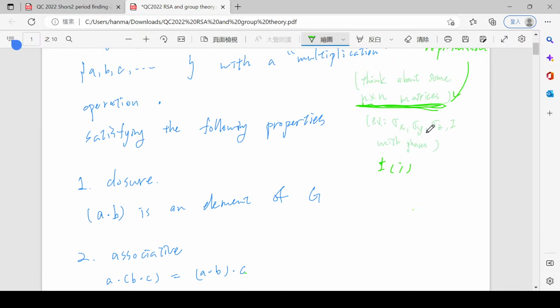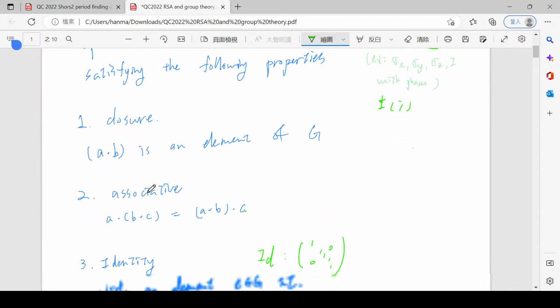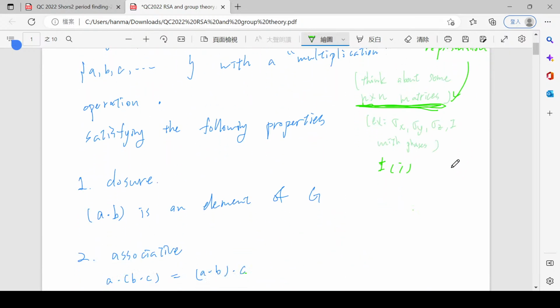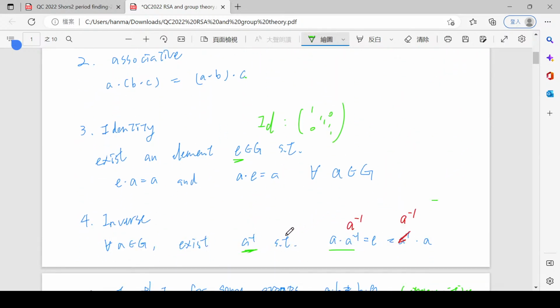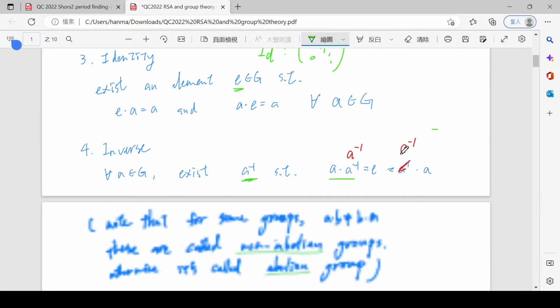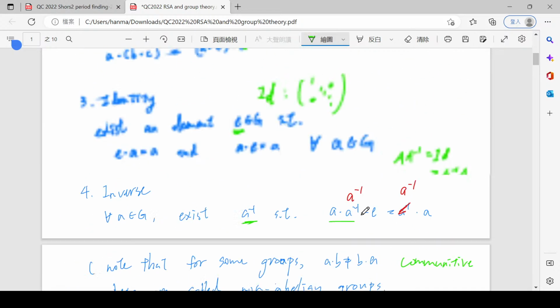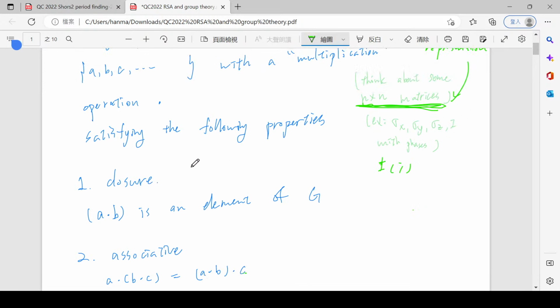I guess we can say this is an abelian group, because sigma x sigma y equals sigma y sigma x. And identity, obviously we have the identity matrix here. And for inverse, every element is its own inverse, because sigma x squared equals identity, sigma y squared equals identity, and sigma z squared equals identity. So those are a group.